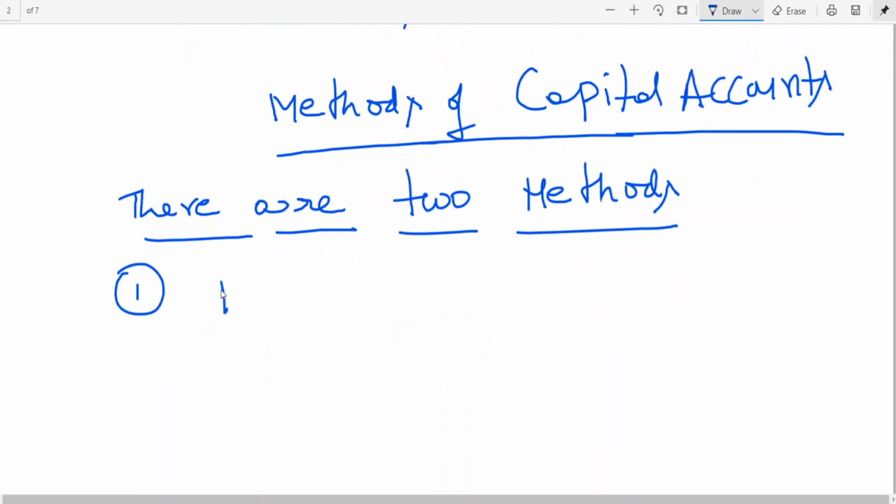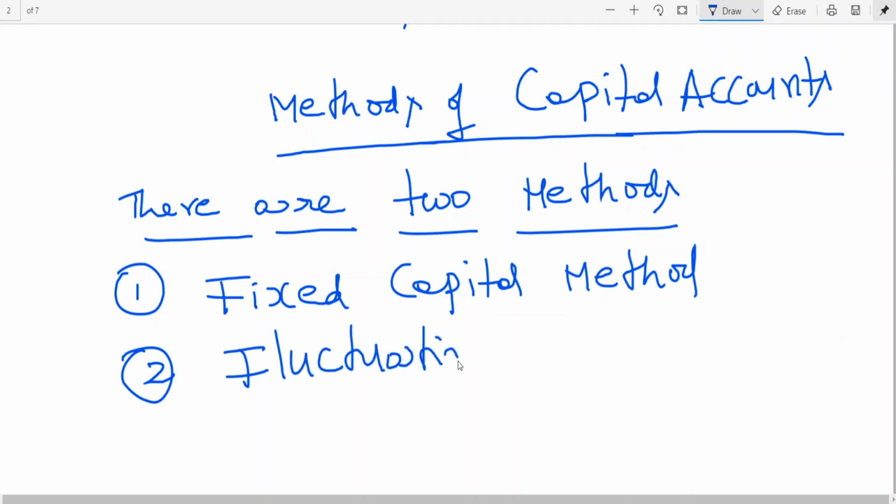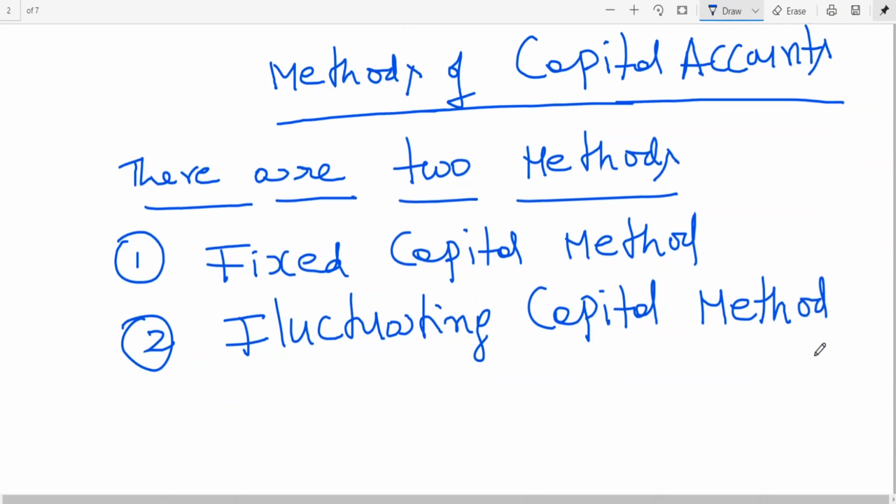One is the fixed capital method, and the second is the fluctuating capital method.